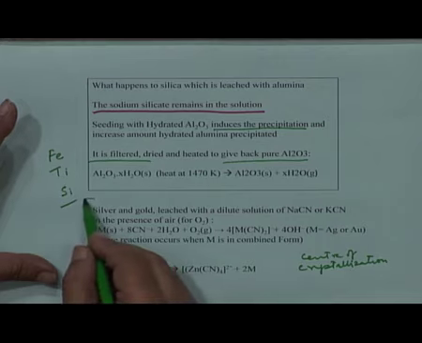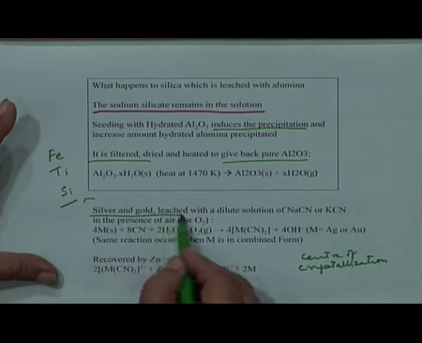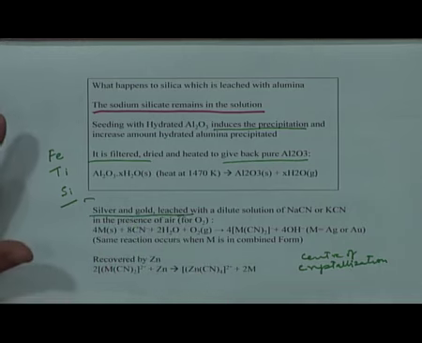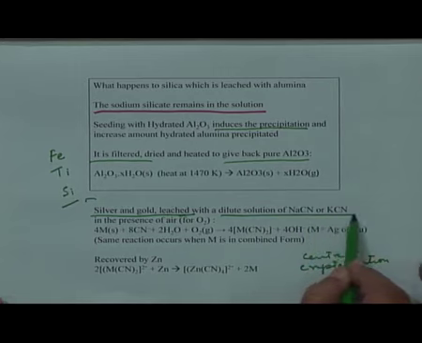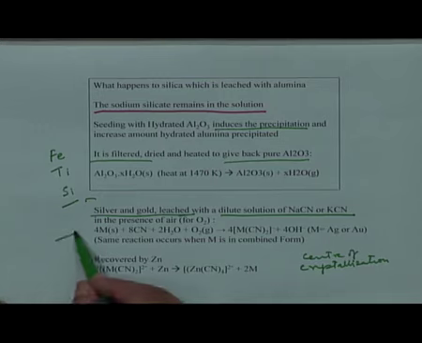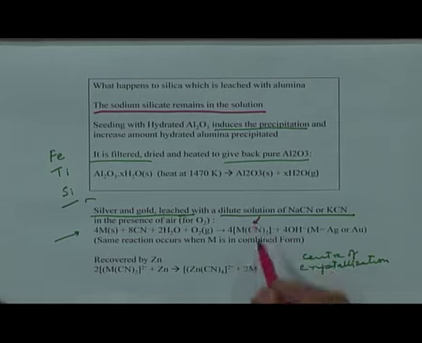Now, silver and gold are generally present in the earth's crust in free form. Silver is also present in chloride form. They are very precious metals, and they can be separated using dilute solutions of NaCN and KCN. In this reaction, these two metal ions make a complex which is linear in nature and soluble in water.